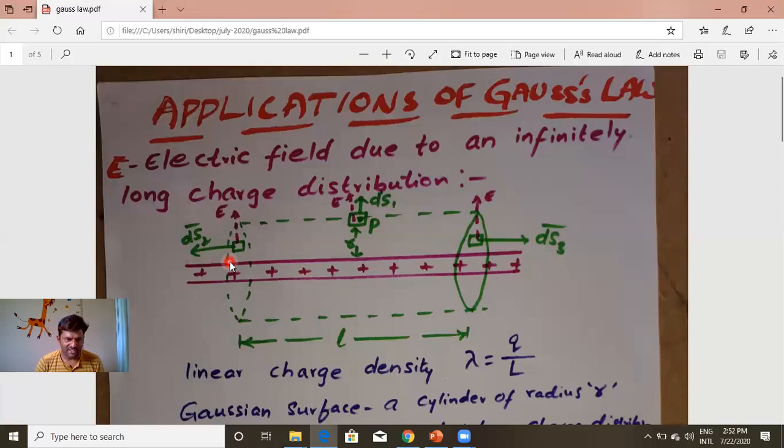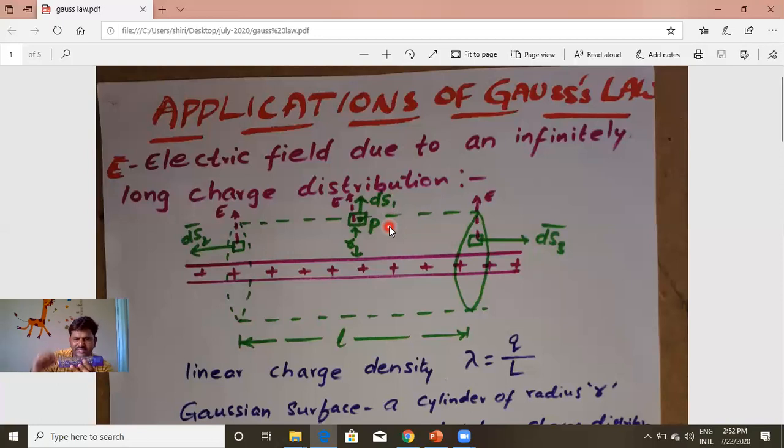Okay, this is how we need to take our closed surface. This is a major area because how you select the closed surface eases your work to apply Gauss law. Now we need to calculate the electric flux coming out of this surface. The electric flux formula is integral E dot ds. So we need to select representative elements to calculate electric flux. What is a representative element? Let me explain.